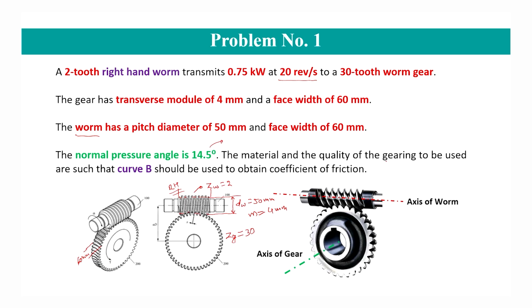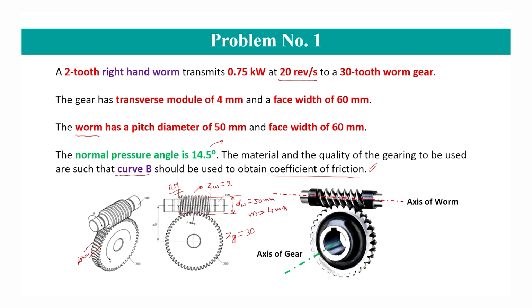The material and quality of the gearing to be used are such that curve B of the coefficient of friction should be used to obtain the coefficient of friction. So, to get the coefficient of friction, we will use curve B. Why are we going for the coefficient of friction?